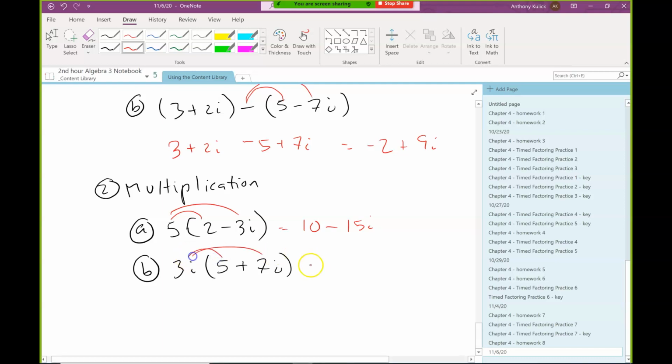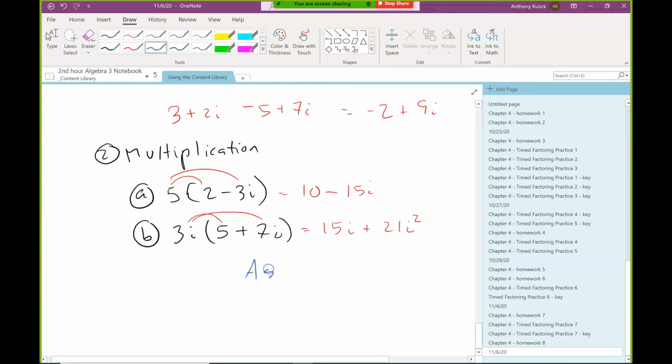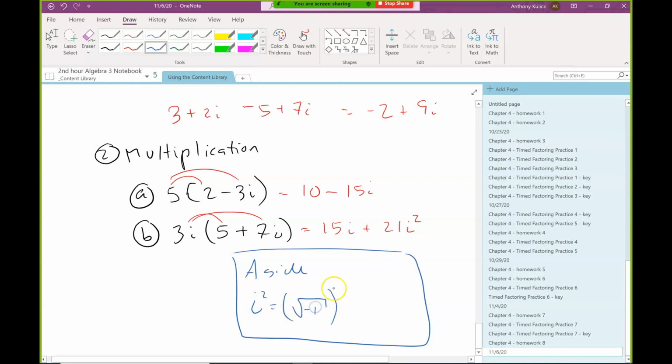But what the heck does i squared mean? So let's take a little aside and deal with that. So remember, i was the square root of -1, right? So i squared is the square root of -1 squared. The squared is going to cancel the square root, leaving us just with -1.